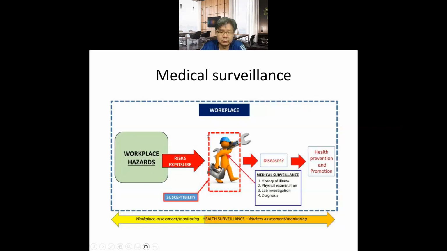Then industrial hygienists will do exposure assessment. After you have carried out exposure assessment and you notice that there is a risk of developing certain disease, this is where the medical surveillance should come in. And medical surveillance is carried out by medical doctors because it requires a medical consultation process.